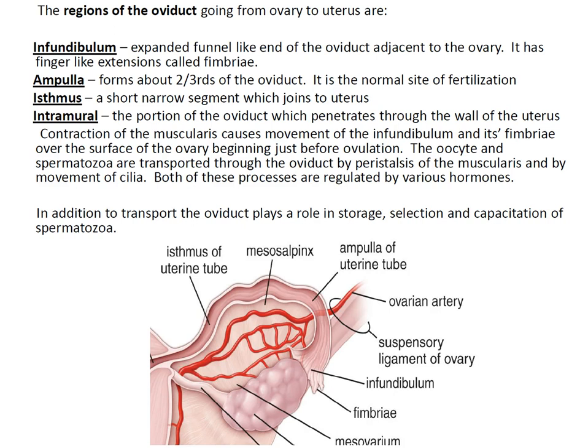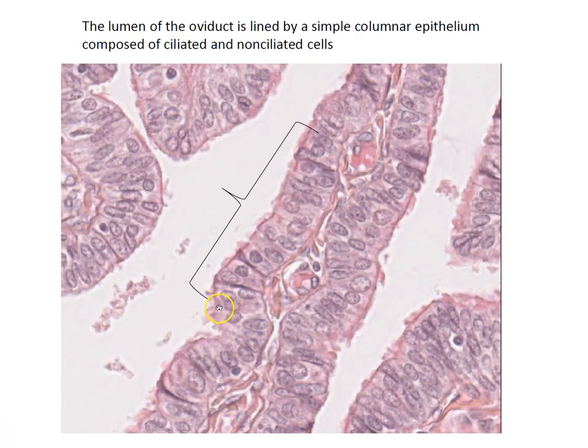In addition, the oviduct plays a very important role in capacitation, storage, and selection of the spermatozoa. Here you are looking at the lumen of the oviduct, which is lined by a simple columnar epithelium. This epithelium is composed of ciliated and non-ciliated cells.